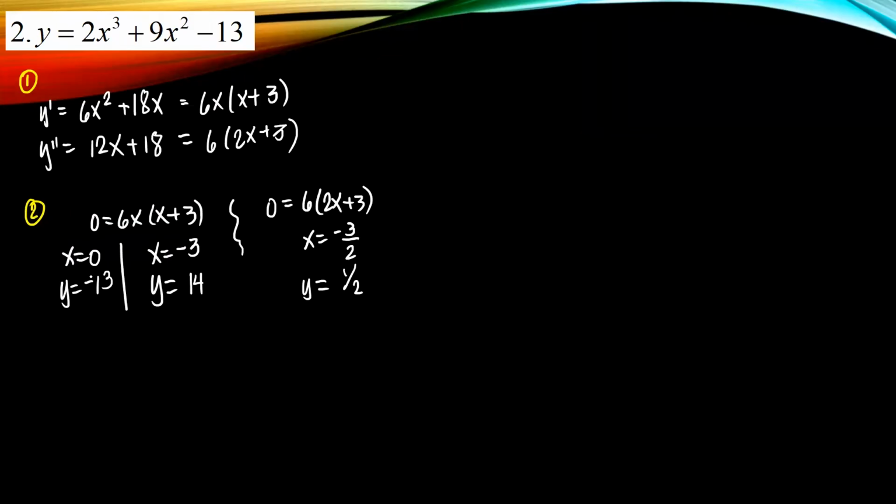All right. So just by looking, 0, negative 13, you might say, that's a minimum. Negative 3, positive 14, that's a maximum. This one may be just a point of inflection. Let's see. So let's check 0, negative 13, negative 3, 14, and negative 3 halves, 1 half. All right. So in the test, there's again the first derivative test and the second derivative test.